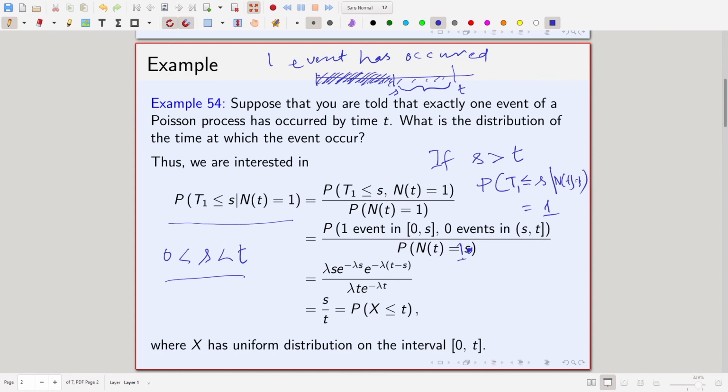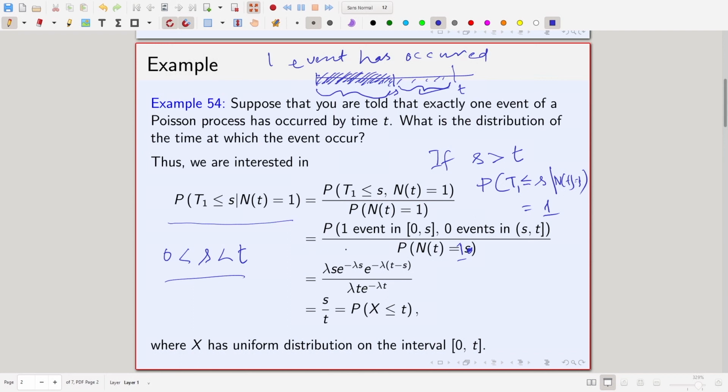But now, when I write it in this way, these two intervals, 0 to s and the interval (s, t], are disjoint intervals. Poisson process has this property of independent increments, so events in disjoint intervals are independent.